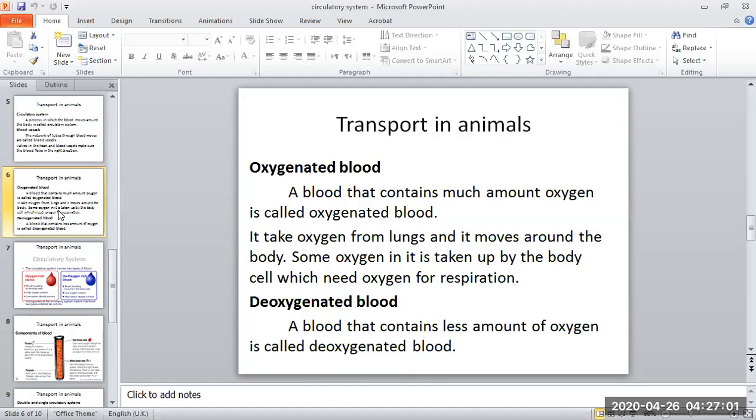I told you before, the blood that contains oxygen is called oxygenated blood. It has a greater quantity of oxygen. And blood that has less oxygen but more carbon dioxide is called deoxygenated blood.